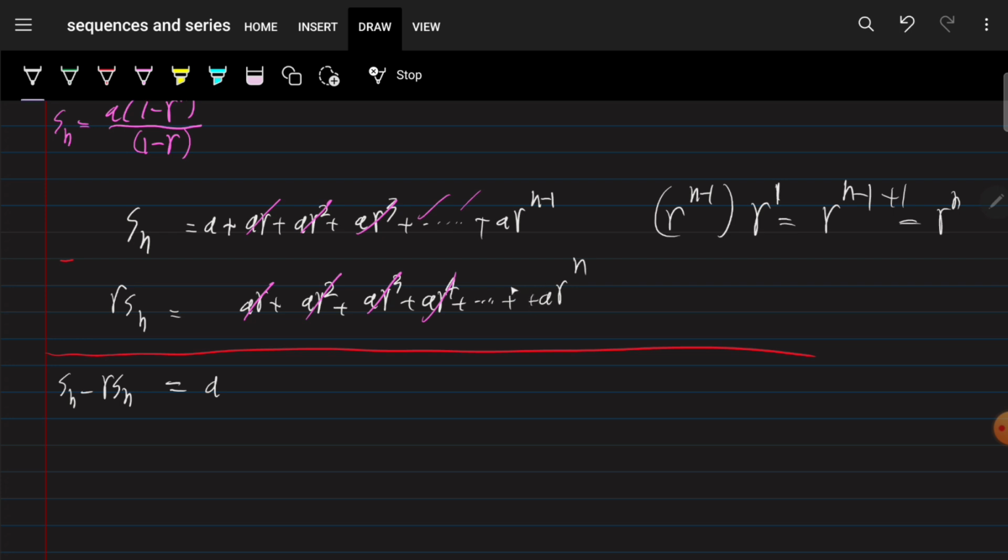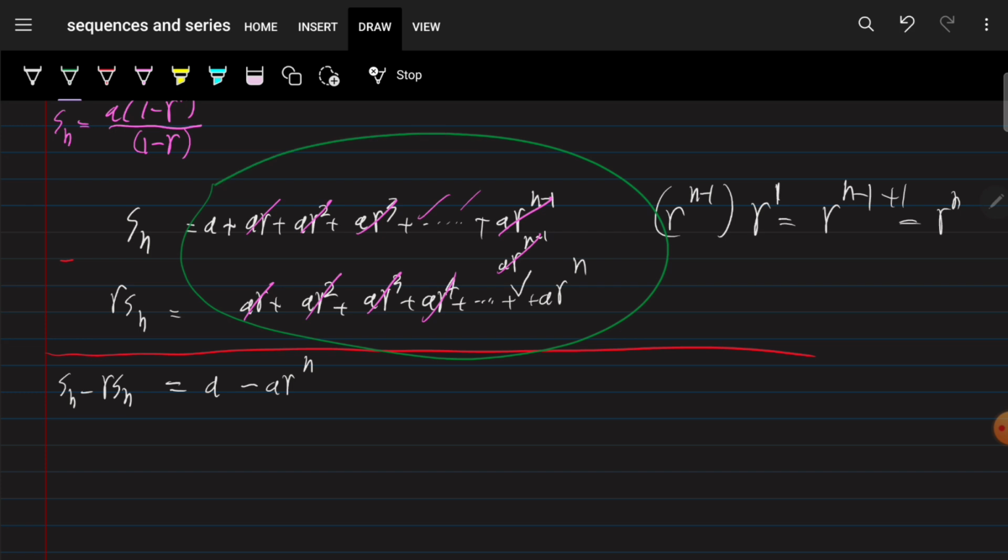And what term do we have just before AR to the n? We would have AR to the n minus 1, right? The term right before AR to the n is AR to the n minus 1. So that's going to cancel out with that. And we'll end up with negative AR to the n. Okay, so I just want to highlight what happened one more time.